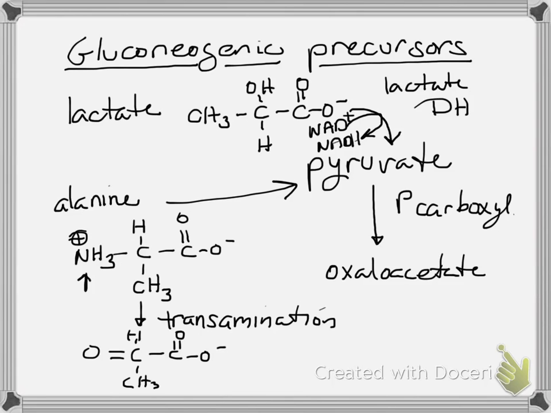We'll talk more about transamination reactions when we get into amino acid metabolism, because this is going to be intimately connected with the urea cycle to get rid of the nitrogen. So lactate and alanine are two major contributors to pyruvate that will provide carbon sources for gluconeogenesis.